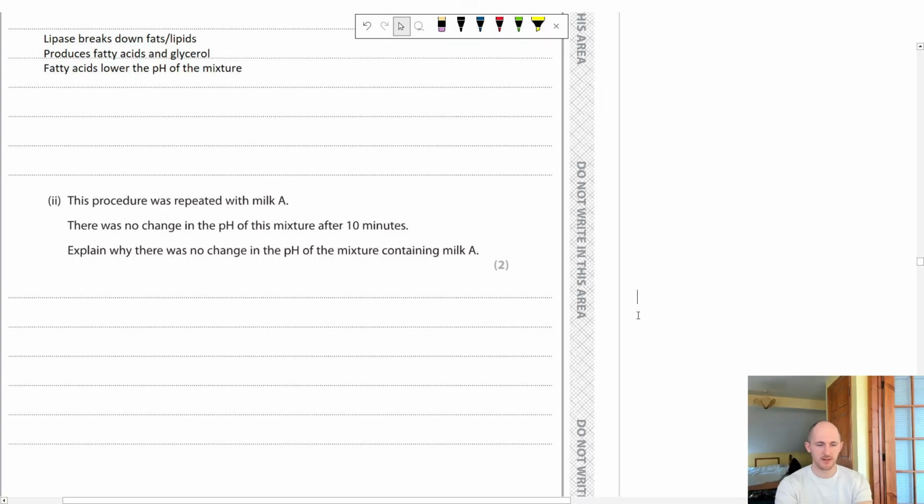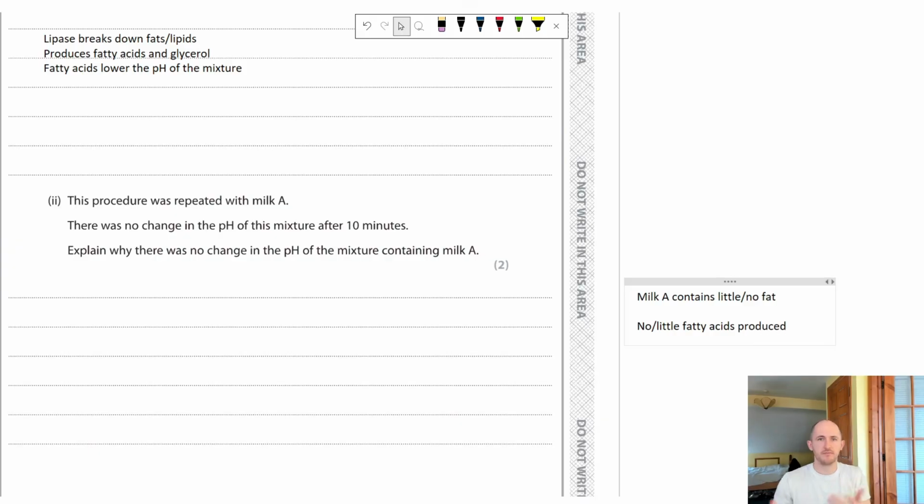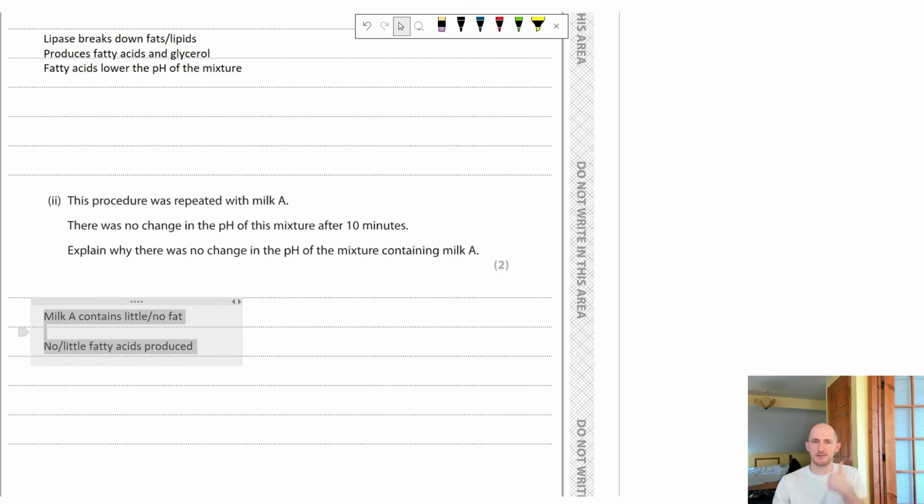So simply put, milk A contains little or no fats. Therefore, no or little fatty acids produced, which means the pH didn't change, because there's nothing making it acidic.